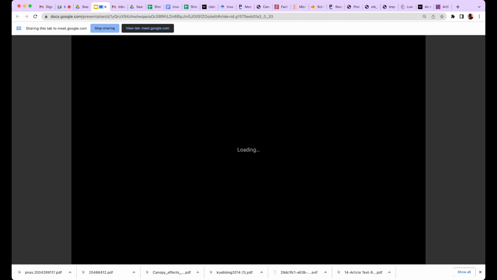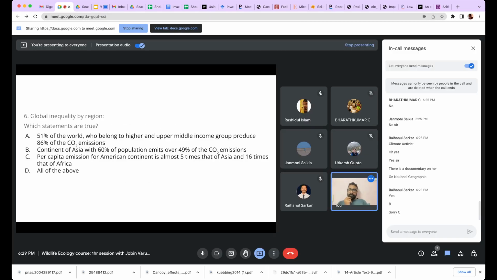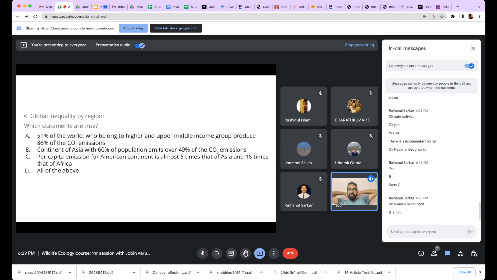Sorry, I've just made a slight change in the question, so you can read that. This inequality that we're talking about is basically the inequality in terms of carbon dioxide emission.